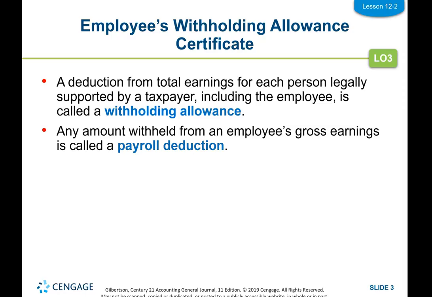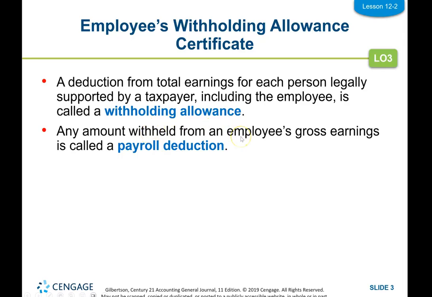So as an employee, if you're a single person, you can take a 0 withholding or a 1 withholding, depending on if you want to pay more tax or less tax up front. The possibility of getting a bigger tax return or possibly owing. Or if you're married, you can claim yourself and your spouse. Or if you have children, you can claim your children. All of these things are examples of the withholding allowance.